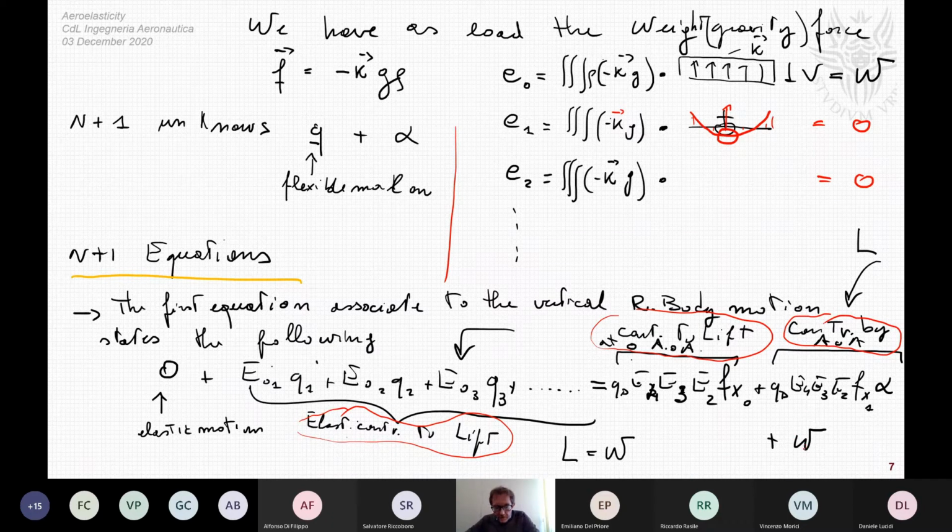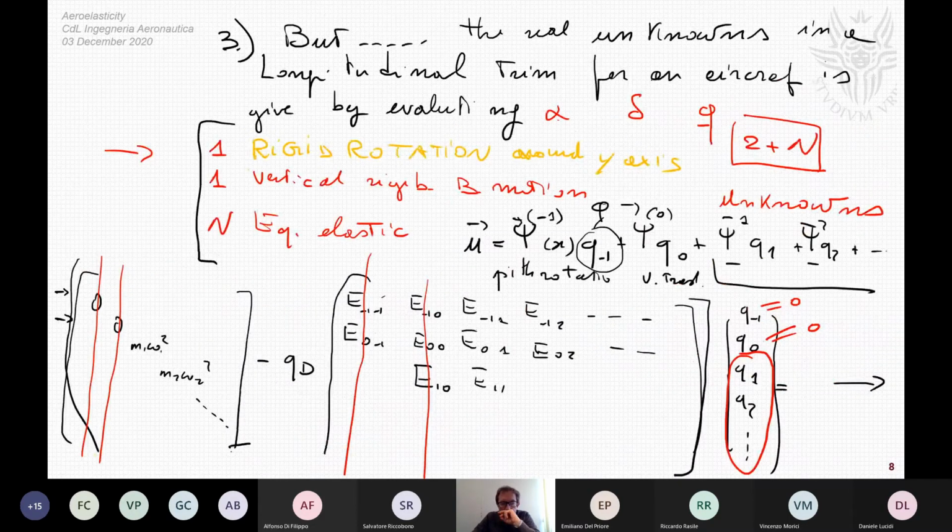Okay, so essentially we have this contribution here as given by the lift, which is given by the deformation variable. But this is not the reality, because in reality we have an angle.